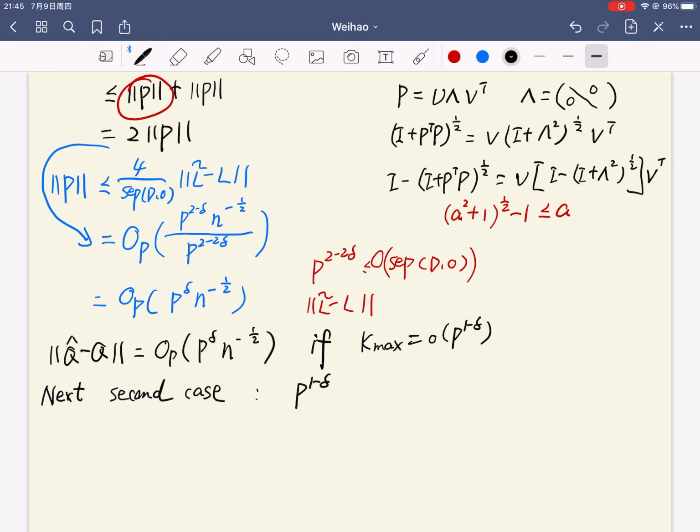The assumption for this case is that the factor strength is little o of the minimal singular value of the autocovariance between the latent vector process and the white noise. Basically, we can go through a similar idea.